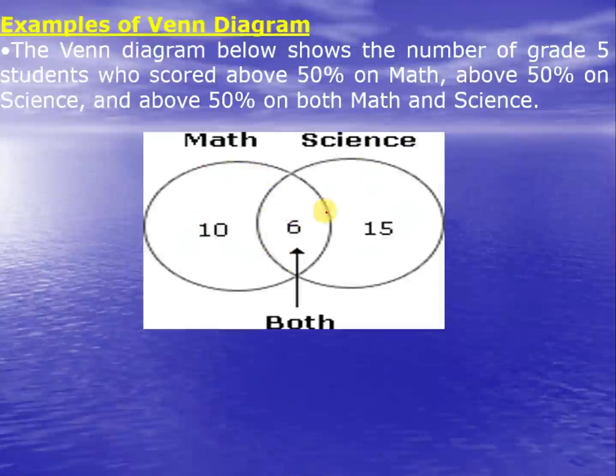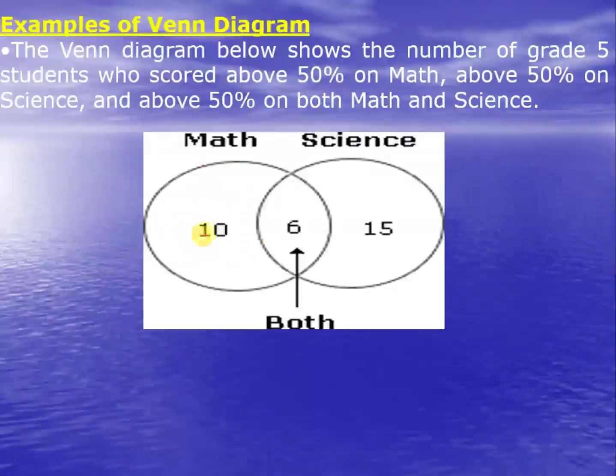Now, you should know that the class is the grade 5, so it can be primary 5 or whichever it is. So, those who passed above 50% on math, we have them as what?